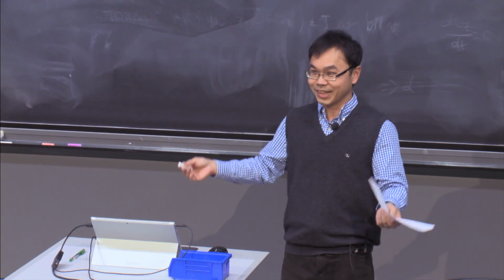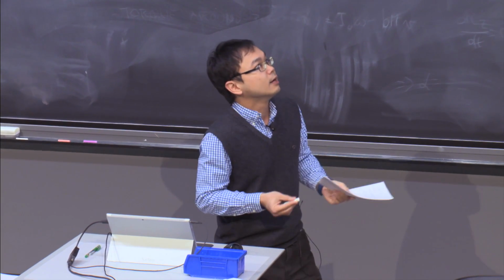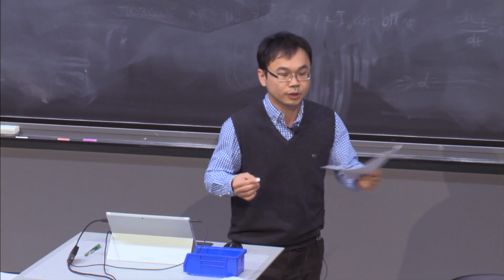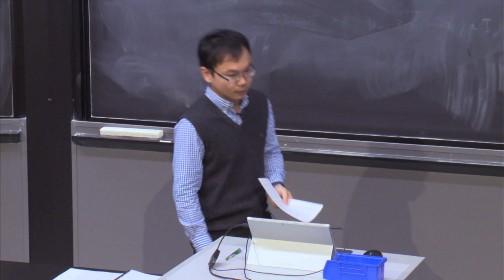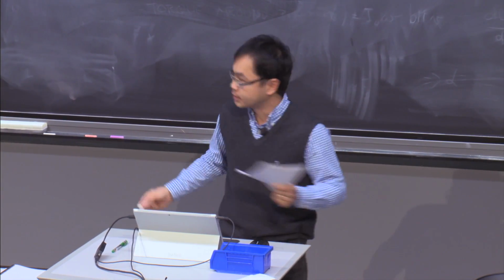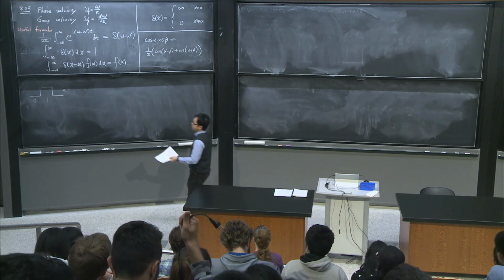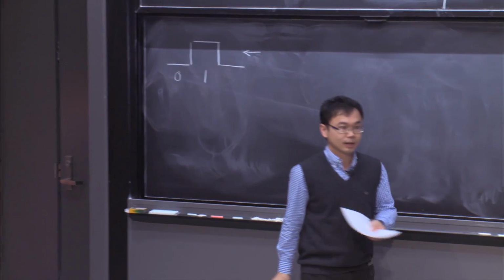Therefore, if you wait long enough, all the harmonic waves with different frequencies are traveling at different speeds, which results in a much wider pulse in the end. At some point, this pulse is going to be so wide that it's very difficult to separate 0 from 1.